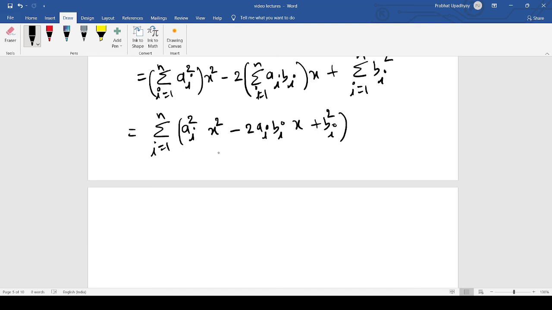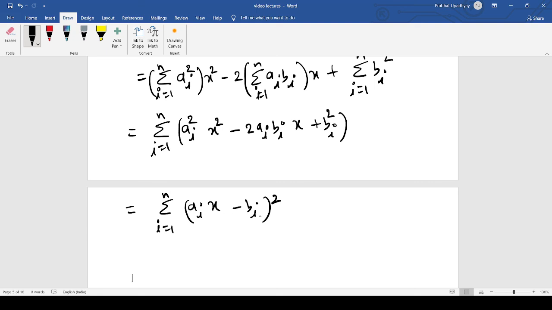Now you can observe that this term in the summation is a complete square. It is ai square x square plus bi square minus 2 times ai bi x. So you can say it is equal to summation ai x minus bi complete square, i running from 1 to n.